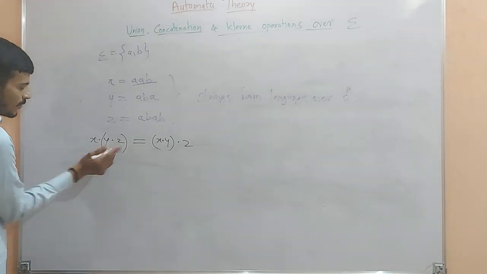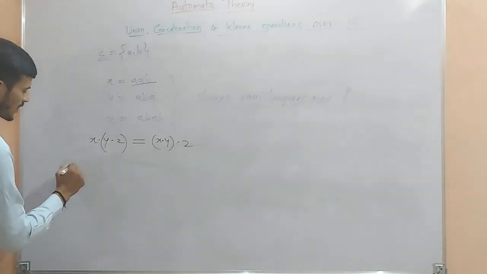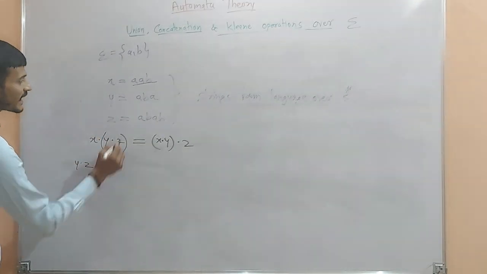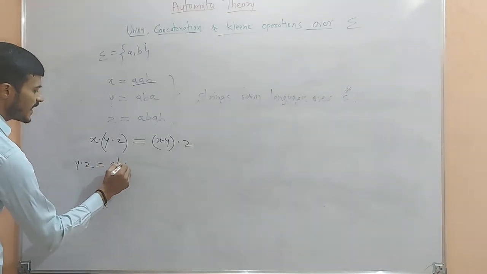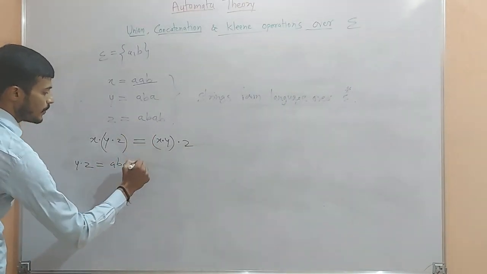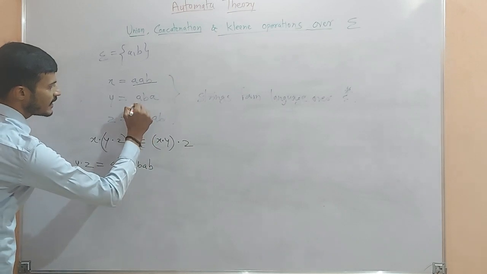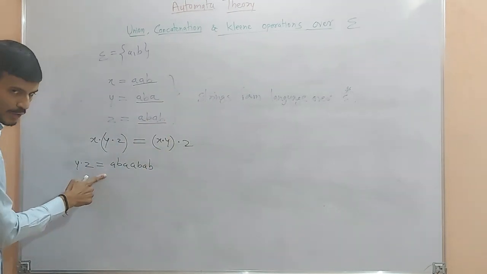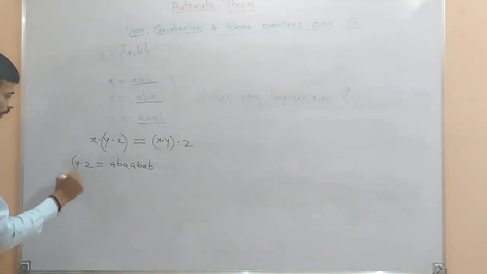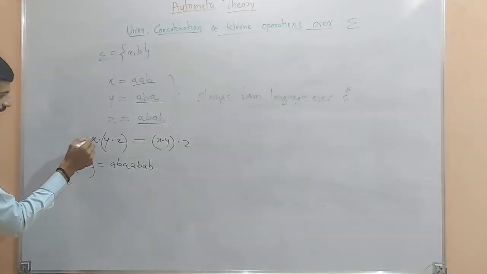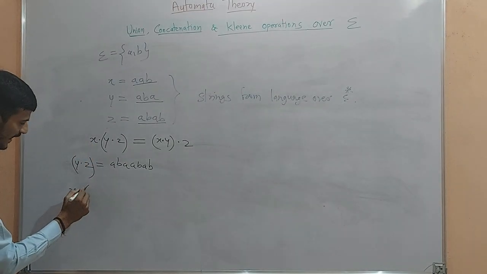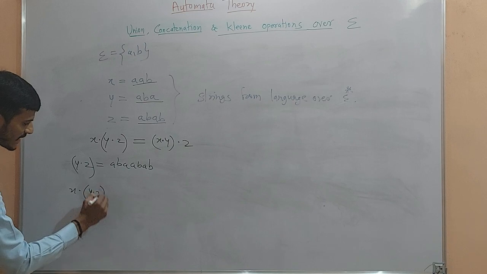So we have to solve the bracket first. What is y concatenation z? Y concatenation z is ABA, ABAB. We have taken this string and this string together over here. Okay. Then we have to concatenate x with this result, means x concatenate in bracket y concatenate z.